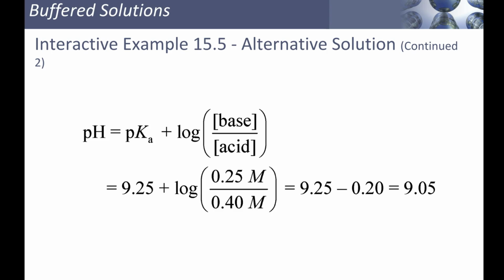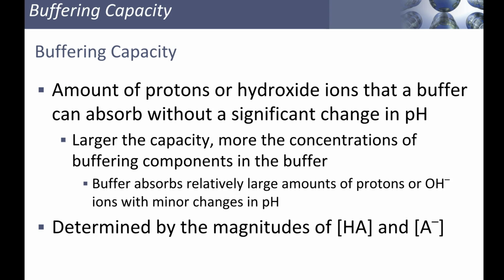So 9.25, because that's the pKa, right? And it's a negative log of Ka. And then the log of concentration of your base and your acid. Your base is the 0.25, right? And the acid is the conjugate acid of that, which is really your salt, 0.4. And then you plug into your calculator. Okay?